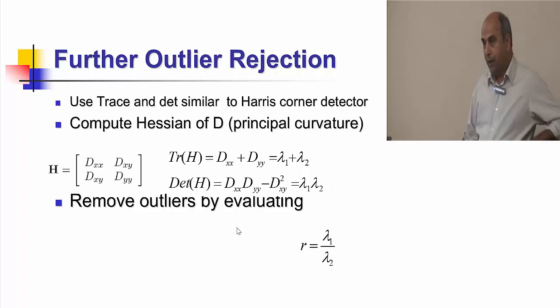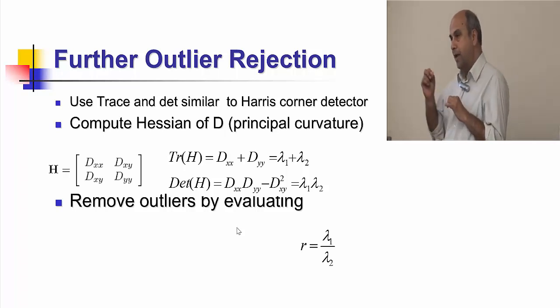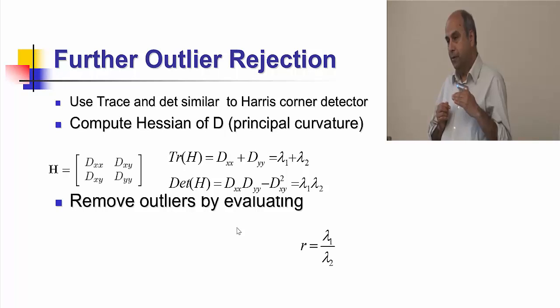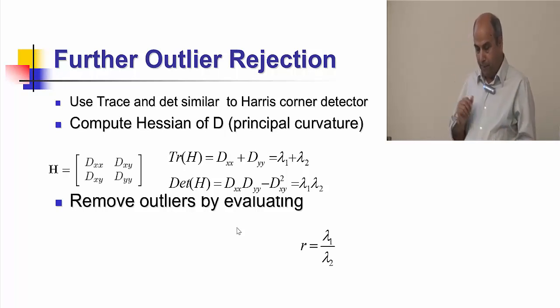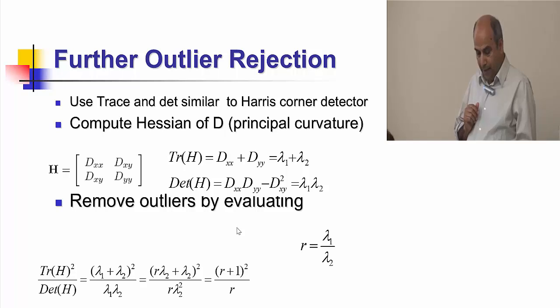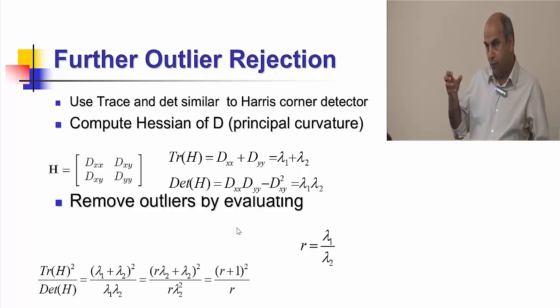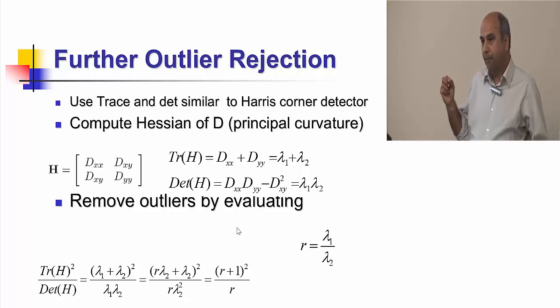So what we are going to do is look at the ratio of these two eigenvalues. These are the eigenvalues on these principal axes. So this ratio is lambda 1 upon lambda 2, and then we want to use that without actually computing the eigenvalues, using the property of the trace.